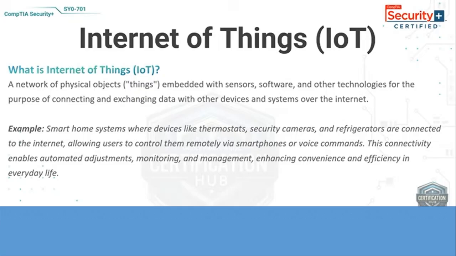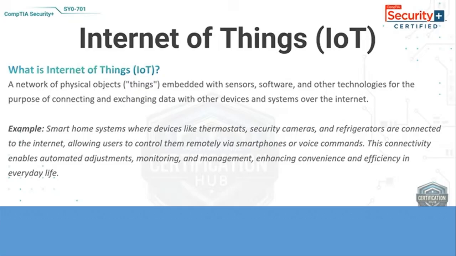Internet of Things, we call this IoT, connects everyday devices like sensors and smart appliances to the internet, and these are collecting and exchanging data in real time, like a live CCTV camera.